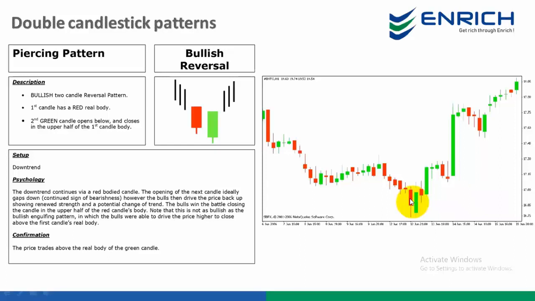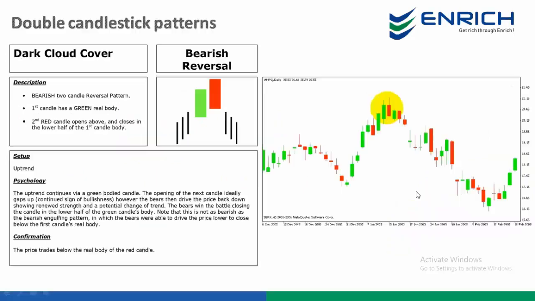The closing is above the 50% mark of the bearish candle in the piercing pattern, and it's a bullish reversal. Likewise, in dark cloud cover, the closing is below the 50% mark. That is how you identify if it's an engulfing pattern, a dark cloud cover or a piercing pattern. I hope it's clear.